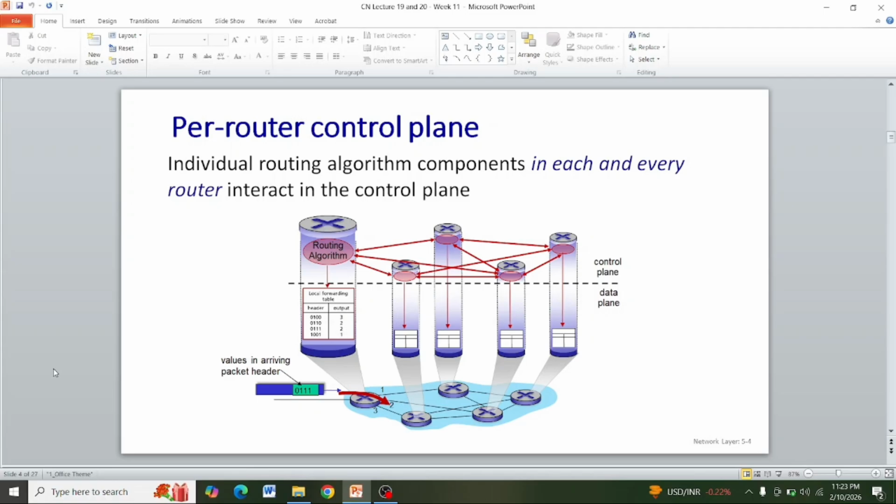In per router control plane, each router has a separate forwarding table which defines the path of any packet within a single router, from where the packet enters the router and to which path the packet will be forwarded from that router. This is per router control plane that is actually related to each and every router in the network.